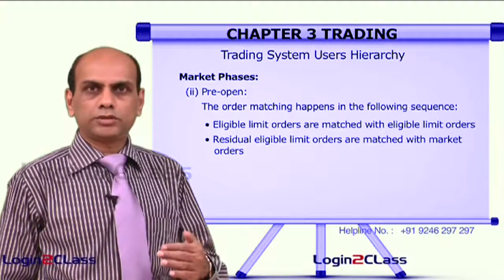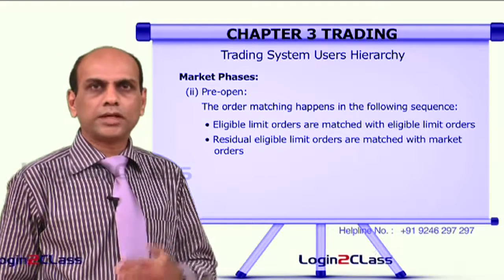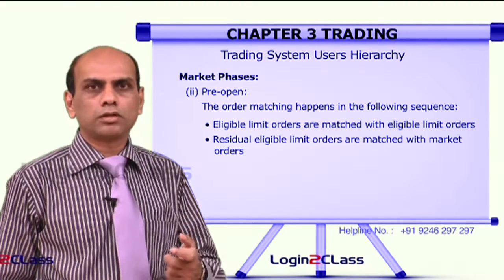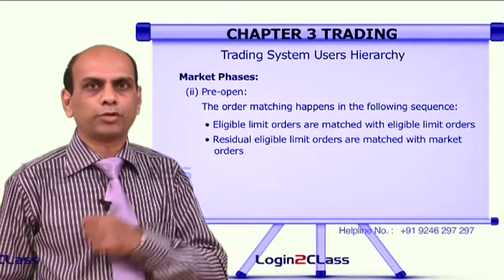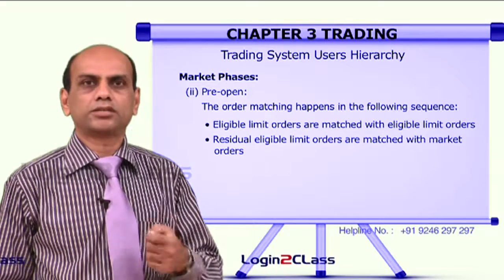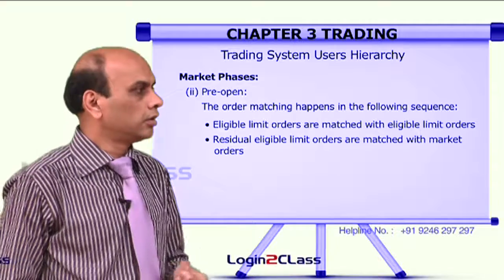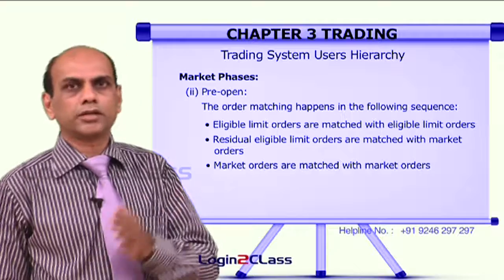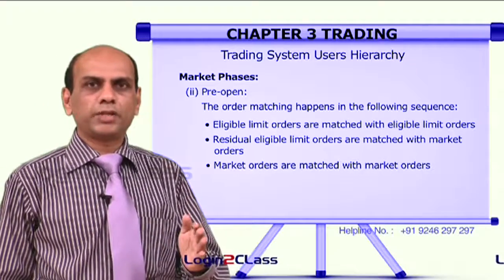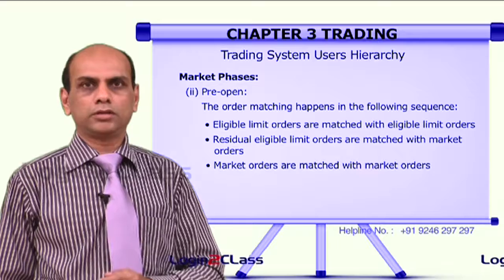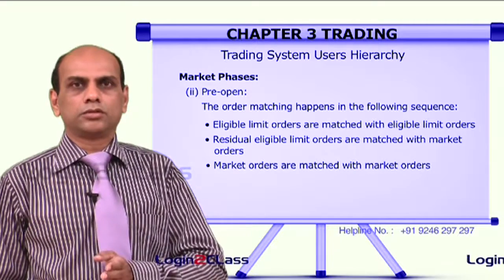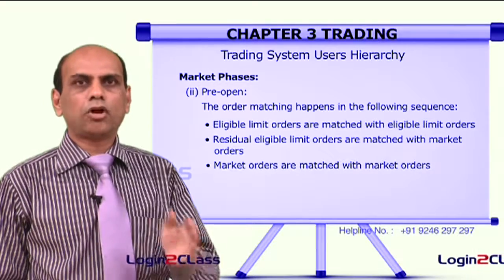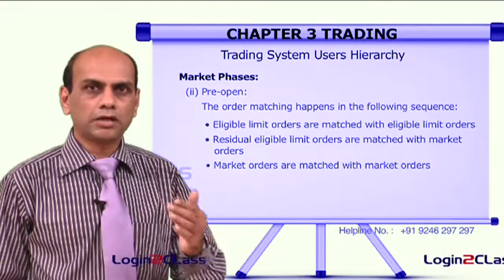That is, any orders which are matching the equilibrium price but have not yet found any matching will be looking for other orders which are placed at market prices, and then the matching process completes. Third, market orders are matched with market orders. That is, somebody placing an order to buy at market is getting matched with the market sell order, and finally the orders get executed after the market opens.